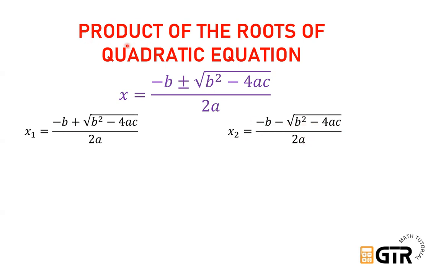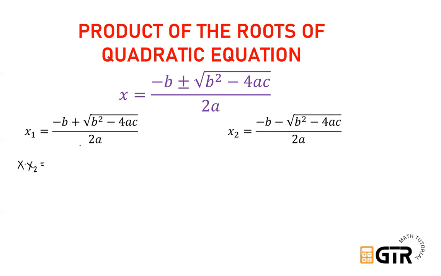So we want to find the product of the roots. Ito yung dalawang roots natin, x sub 1 and x sub 2. Ang kailangan lang natin gawin ay i-multiply. Sa left side, x sub 1 times x sub 2.